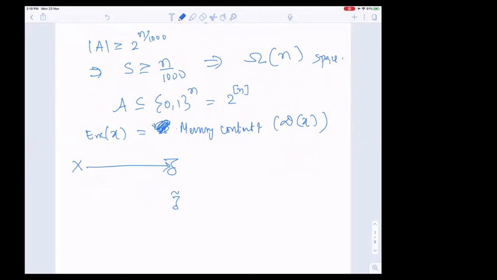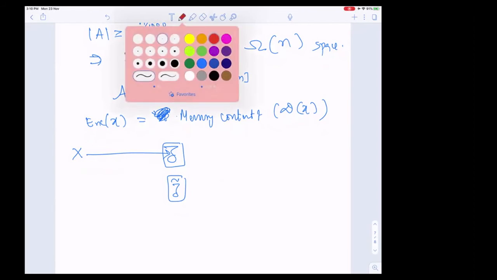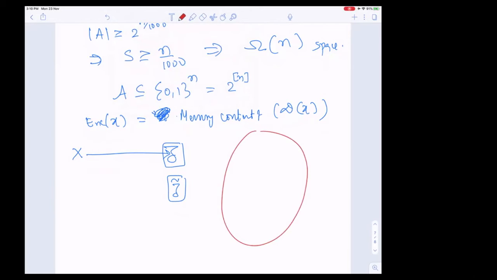I'm not able to get z, but I'm able to get something which is z tilde. From z tilde I want to recover x. So if somehow we could have a world where I could partition the mapping world in some way, such that in each of these partitions, only one element is mapped.